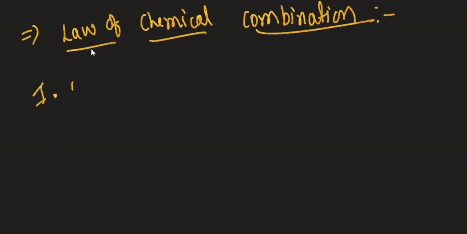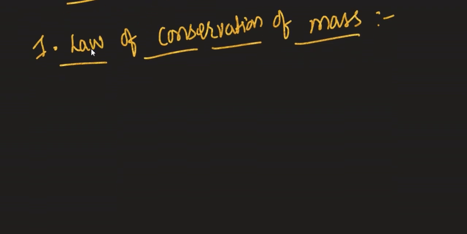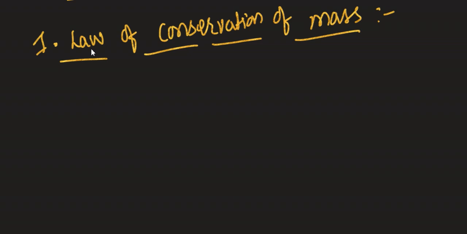So the first law is nothing but law of conservation of mass. Let us try to understand what this law says. First of all, it is given by, write down the scientist name, Lavoisier.